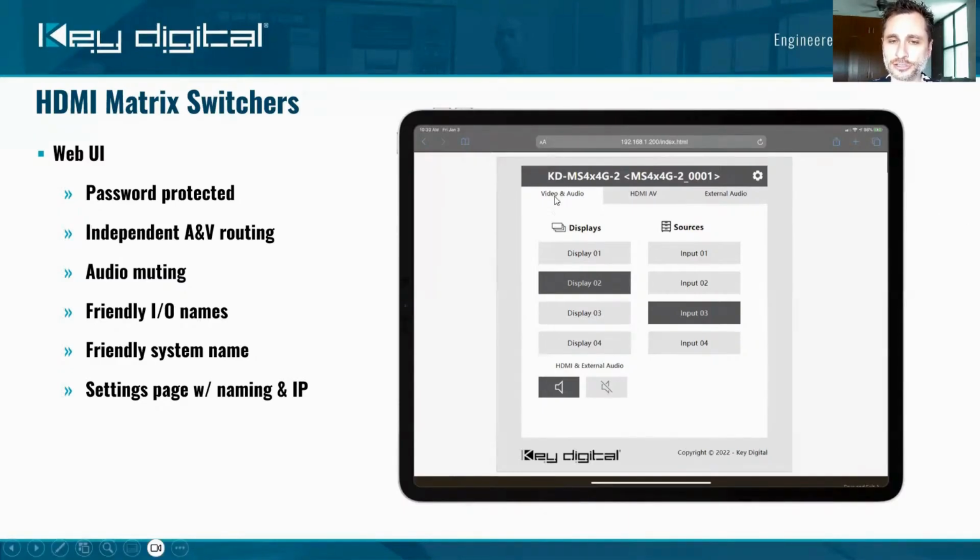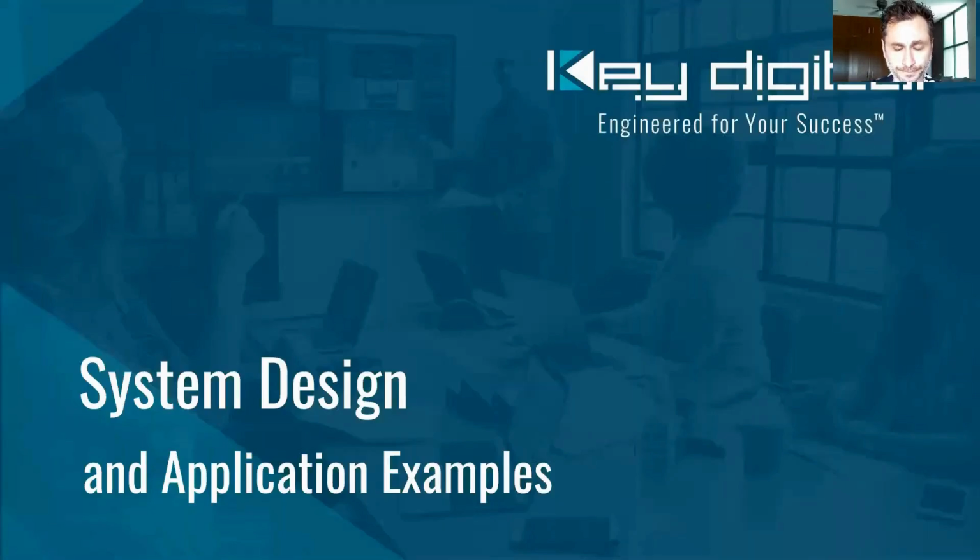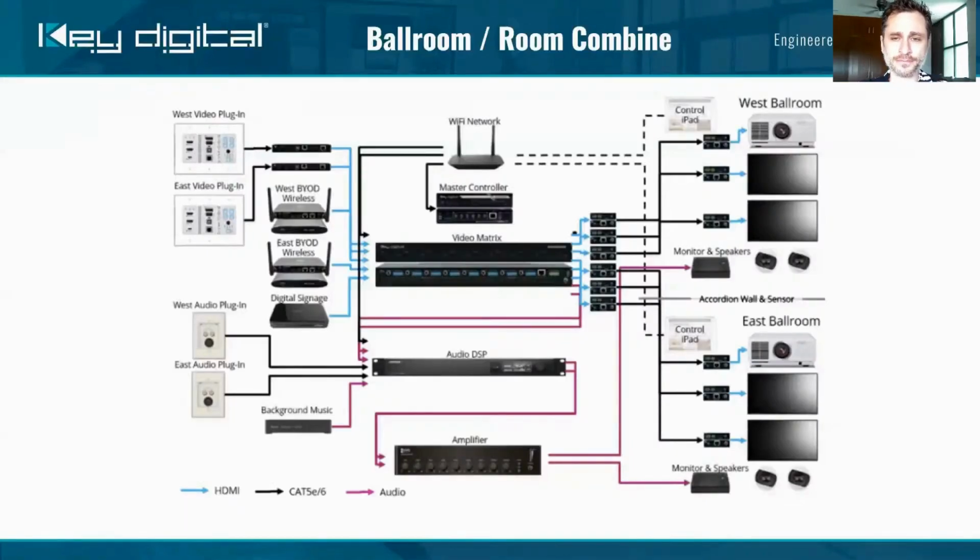Utilize these tabs here to choose if you want to route HDMI AV plus the external audio together, HDMI AV only, or external audio only. And then you could even enter that gear icon there to go ahead and update some of the settings if need be.